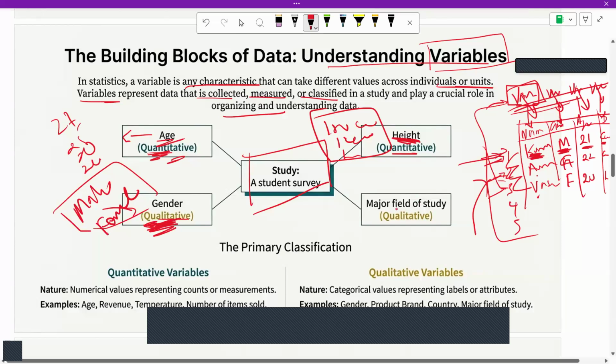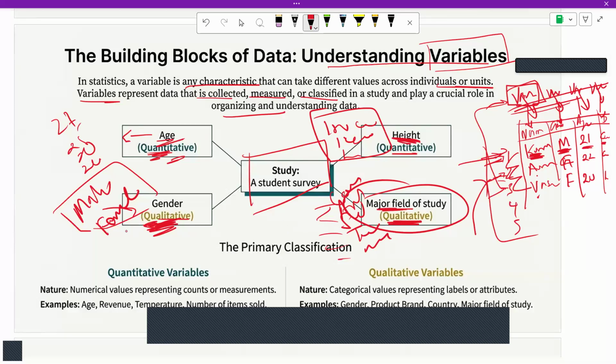And the major field of study: some of you studied commerce, some arts, some science, technology, mathematics. This has no numerical value, so these are called qualitative. Some variables can be measured in numbers, some are aspects with non-numerical values.